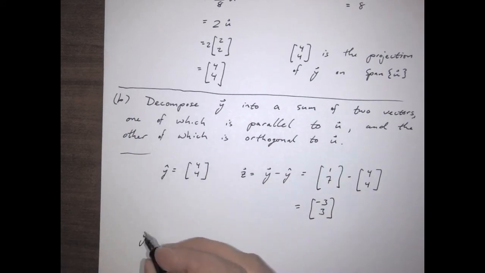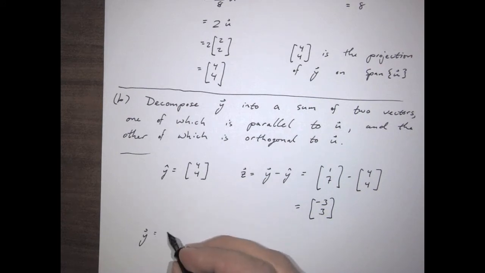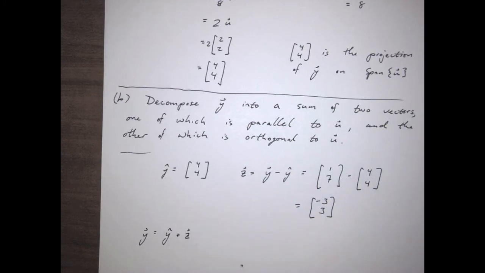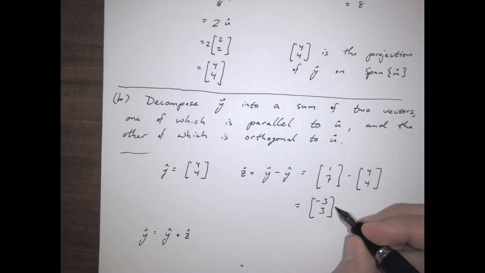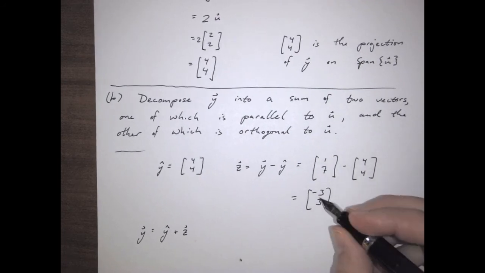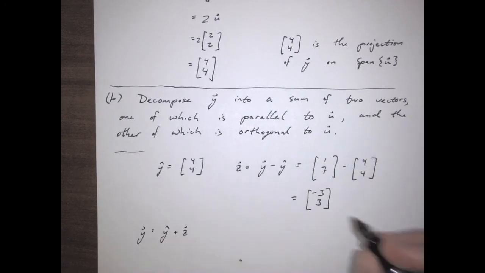So then y is equal to y hat plus z, as follows. And you'll notice that z, if you take the dot product of that with u, sure enough, it is perpendicular. It'll be negative 6 plus 6, and it will equal 0.